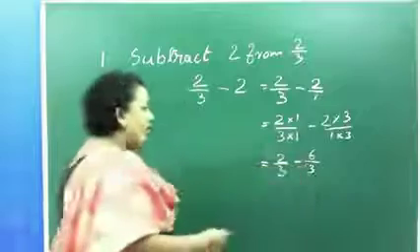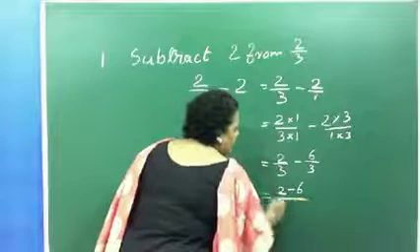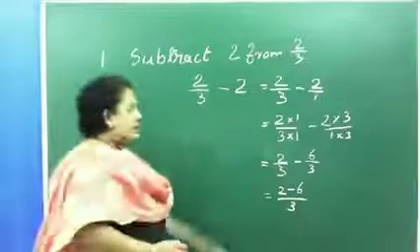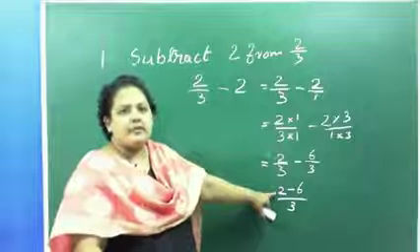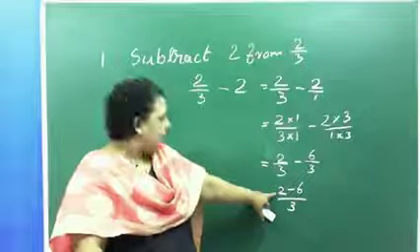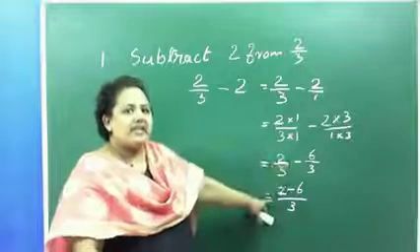Here you see, the numerator, the normal way when we do, what will we do? 2 minus 6 by 3, right? So here 6 is bigger than 2. So what do we have to do? This is why I told you to please go through your integers lesson, the operations.